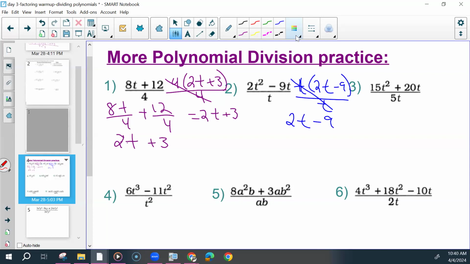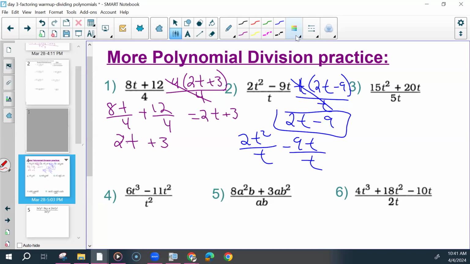For the separating, I'm just gonna show that really quickly. If we were to separate it, 2t squared over t gives us 2t. Negative 9t over t gives us negative 9. Questions so far on this?